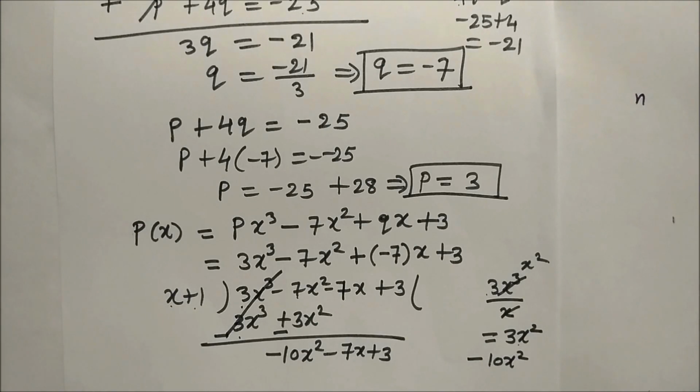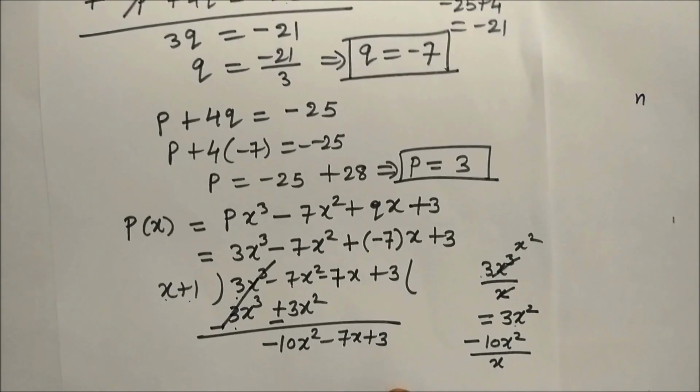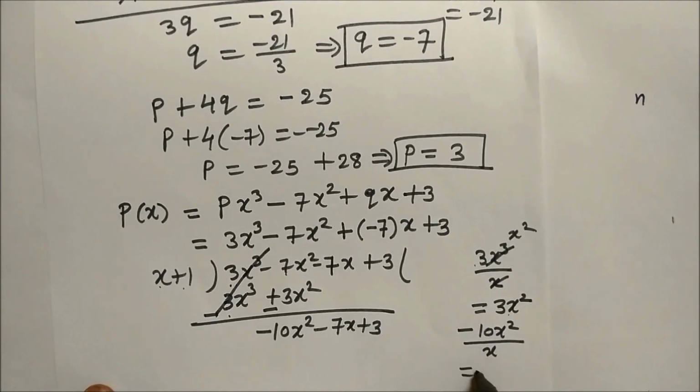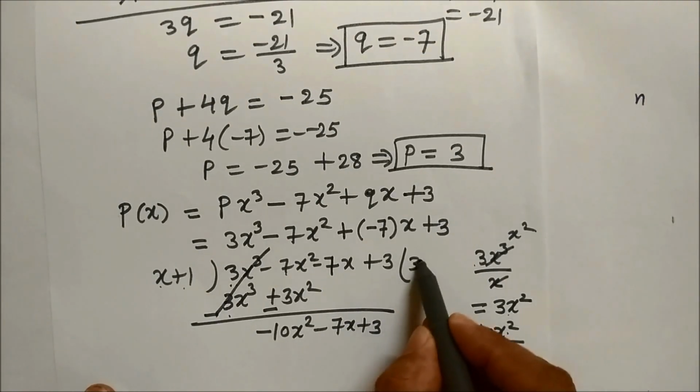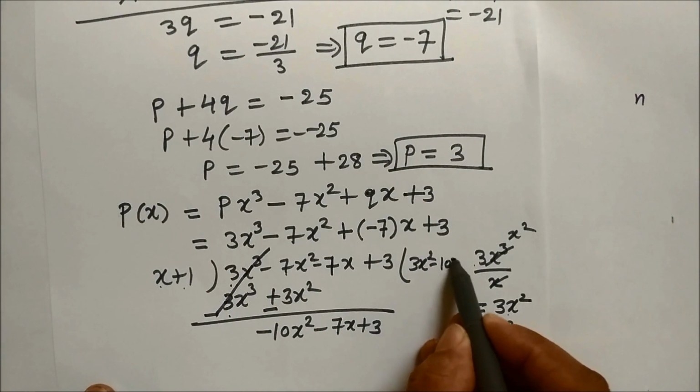Now we have here minus 10x square. We have to find such a number when we multiply in x, so it becomes minus 10x square. For finding that number, we will divide minus 10x square by x. Let's see what we'll get here. We will get minus 10. X square is divided by x, we will get only x. So number is here minus 10x. First number is here 3x square. Second number is here minus 10x.